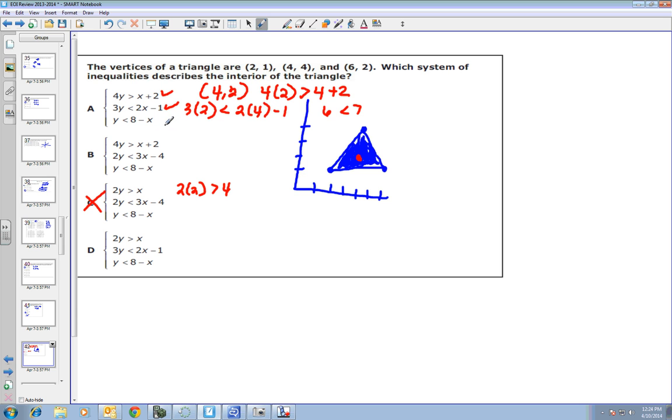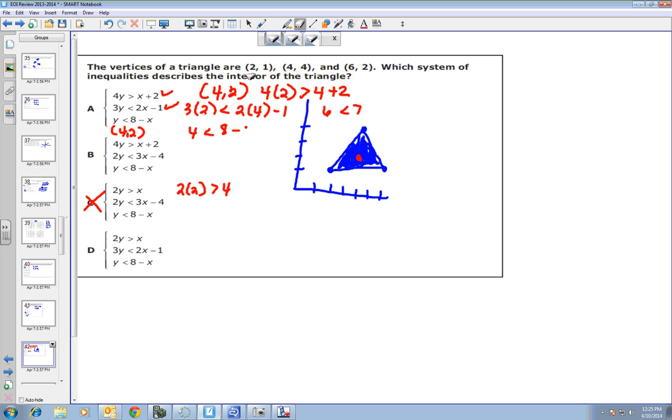Now this one is saying y, so 1 is less than 8 minus 2. Do I have that? Oh, no, sorry. I was looking at the wrong one. I was using the point (2, 4). So 4 is less than 8 minus... 4, 2.